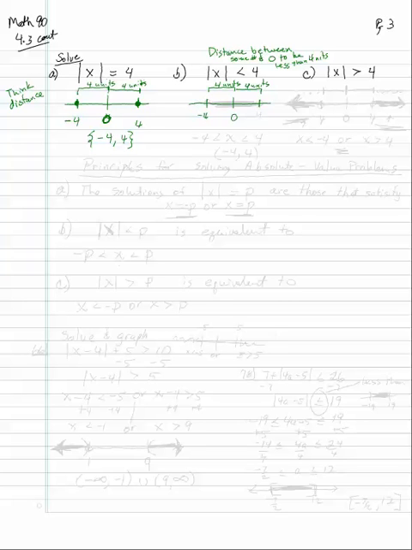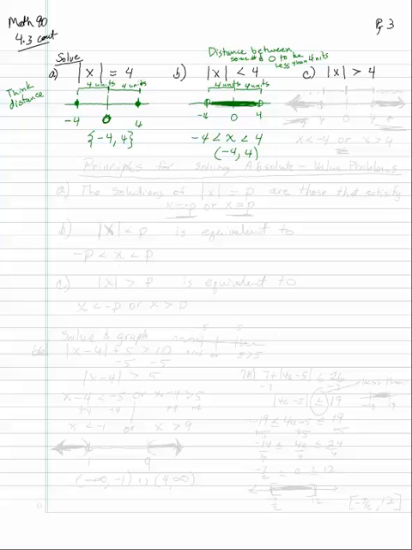So where could you be standing on this number line if you were less than 4 units away? At -4 and 4, those are equal to 4 units, so to be less than 4 units away from 0 would be all the space in between. So that solution set would be the interval from -4 to 4, which we could write using inequalities, or we could write using interval notation.